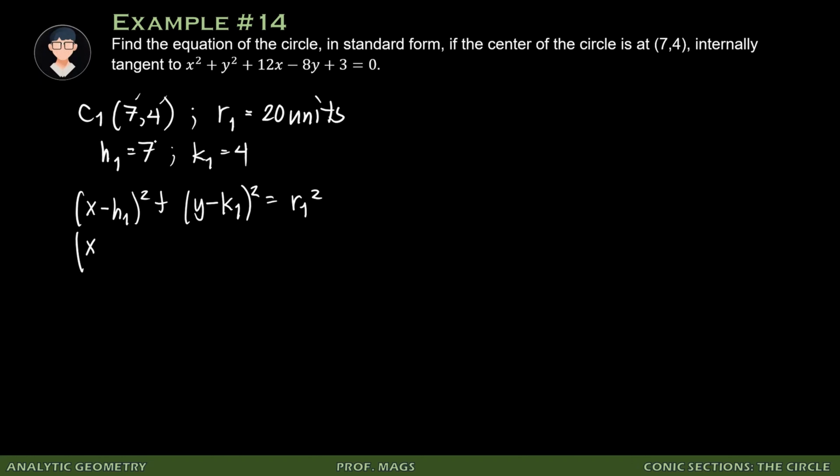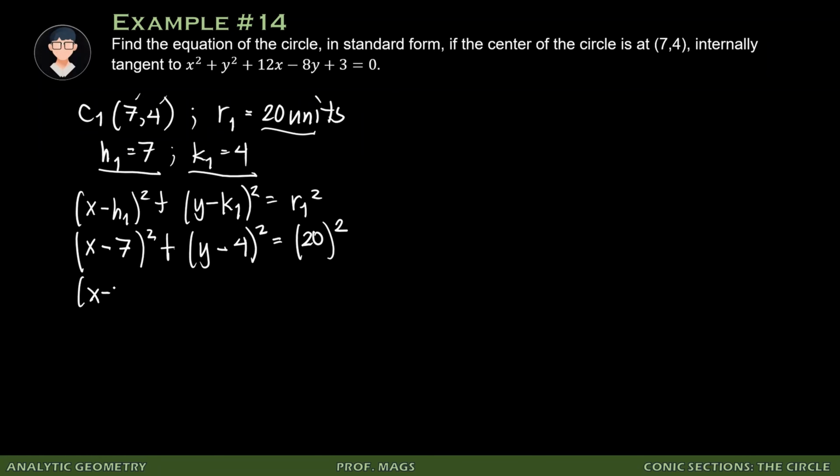What is our H sub 1? 7. So negative 7. Sinubstitute lang natin. Okay? Square plus y minus, what is our K sub 1? 4. Square is equal to, R sub 1 natin ay 20. So no need to write the word units pag magsasubstitute. Okay? So R sub 1 is 20. Then we write square.